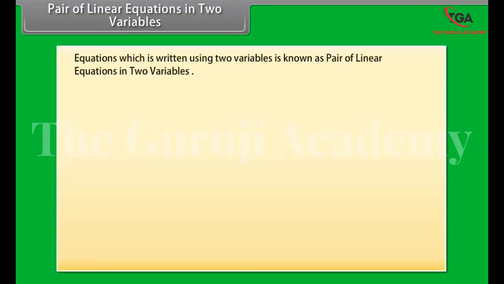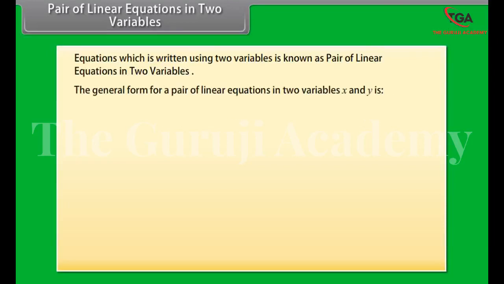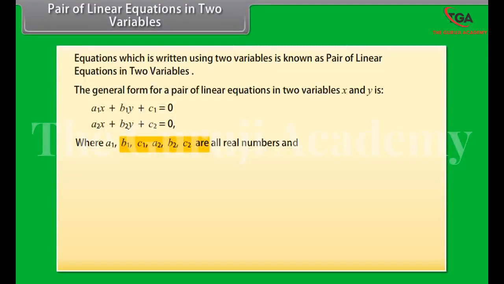Equations which are written using two variables are known as a pair of linear equations in two variables. The general form for a pair of linear equations in two variables x and y is a1x plus b1y plus c1 equals 0, a2x plus b2y plus c2 is equal to 0, where a1, b1, c1, a2, b2, c2 are all real numbers and a1 square plus b1 square is not equal to 0, a2 square plus b2 square is not equal to 0.